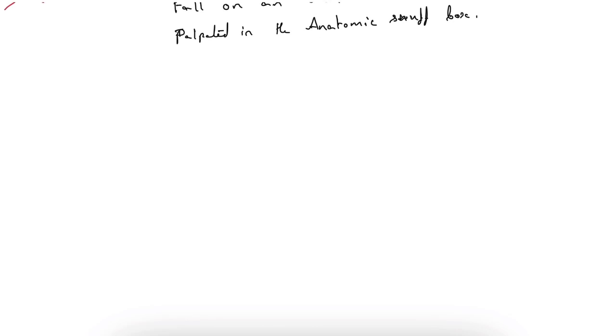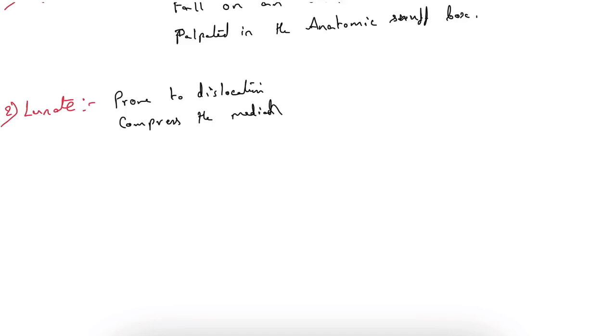Next, lunate. In lunate, mostly we have to know that it is very prone to dislocation, and because of dislocation it can compress the median nerve. If any person has median nerve compression, then we have to think about acute carpal tunnel syndrome.